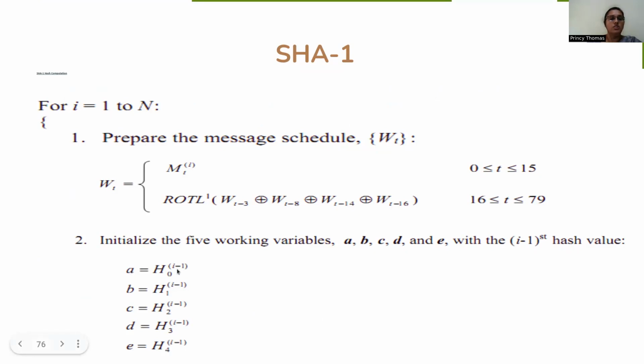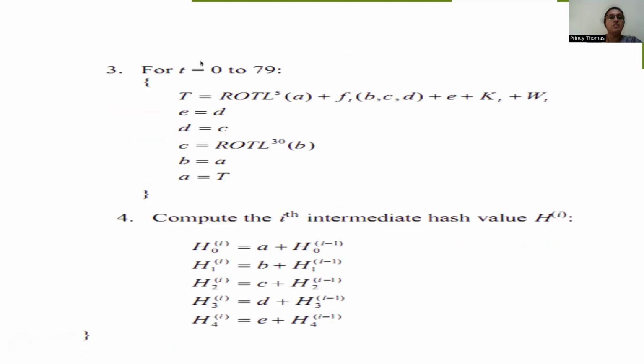So A is equal to hash 0 of the previous value, B hash 1 of the previous value, hash 2, hash 3, hash 4 of the previous hash value. Okay, so these are the working variables in the ith round. Then for t equal to 0 to 79, do the equation, find the t value, E is equal to D, that is, these are the next hash values.